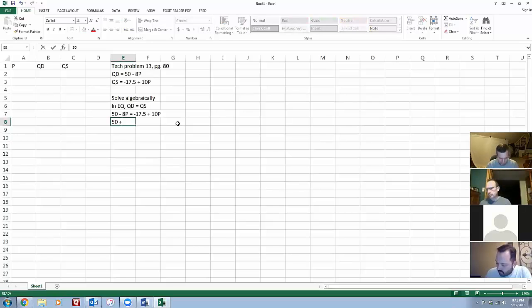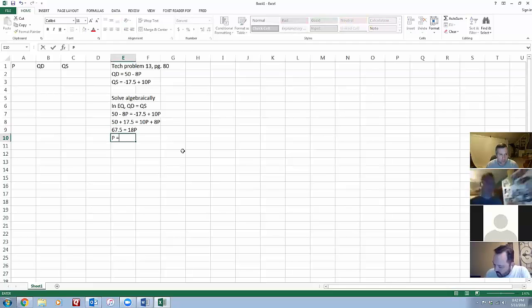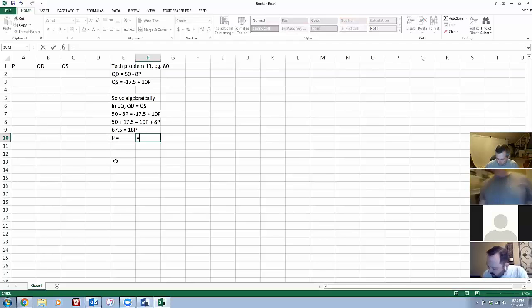I'll do 50 plus 17.5 equals 10P plus 8P, just to rearrange the terms. 67.5 equals 18P. So my P has to equal, and here I'll just have Excel do the heavy lifting for me. 67.5 divided by 18.